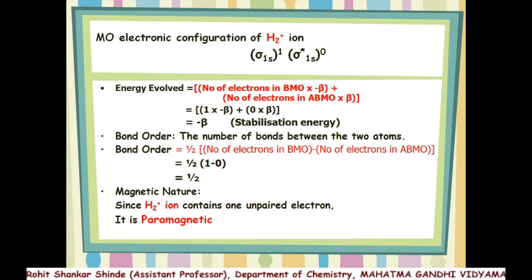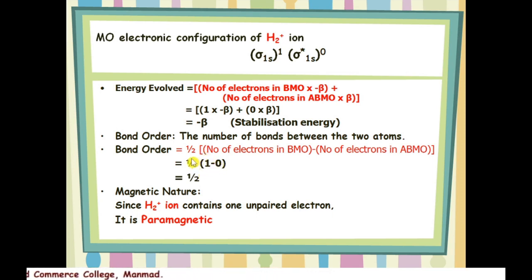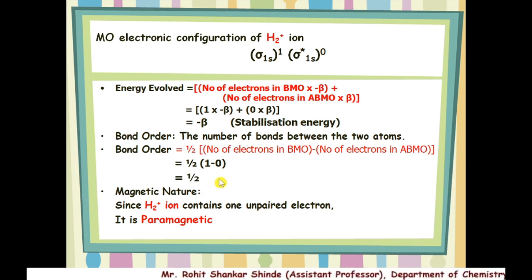The number of electrons in BMO is 1 and the number of electrons in ABMO is 0. So 1/2 multiplied by 1 minus 0 becomes half into 1, which is equal to half. The bond order is half. It indicates the H2 plus ion is somewhat stable.